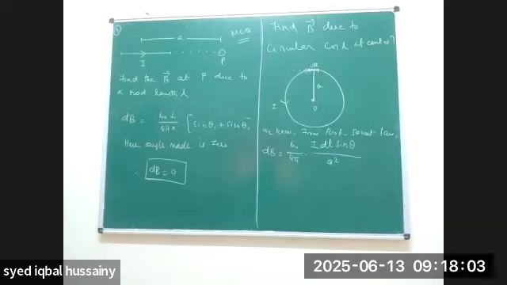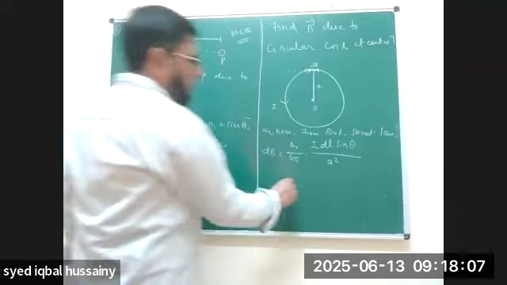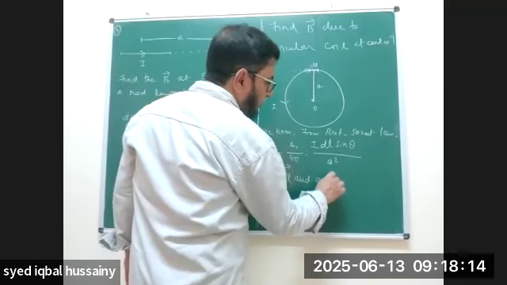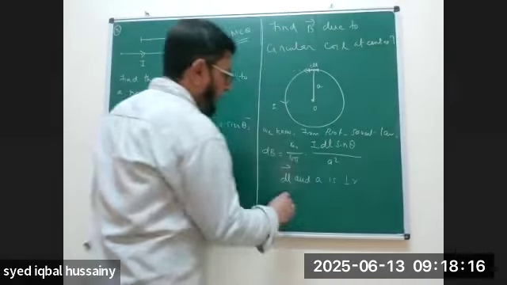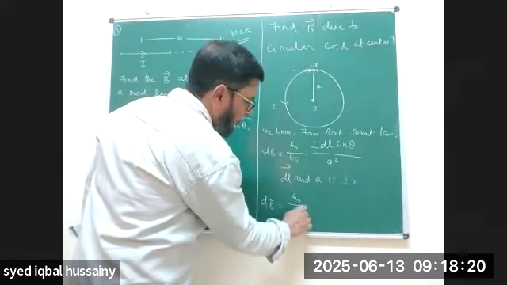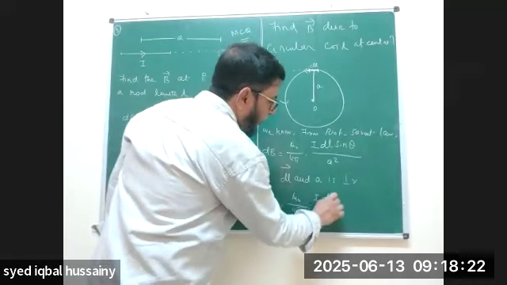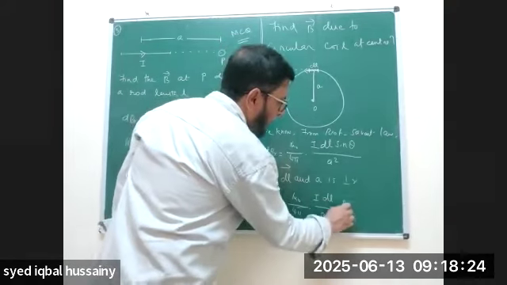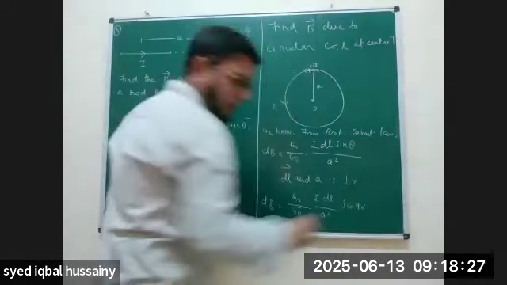Done. So what is sin 90? 1. dL and R are perpendicular. dB will be equal to mu naught by 4 pi, I dL by R square, sin 90 degree.